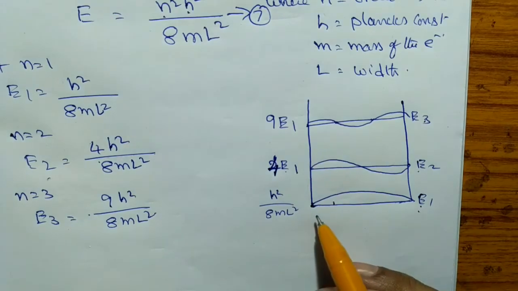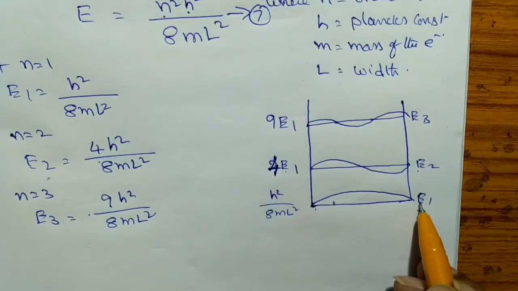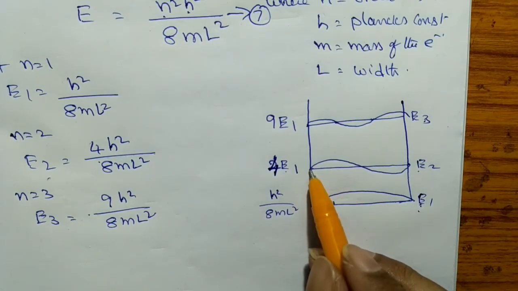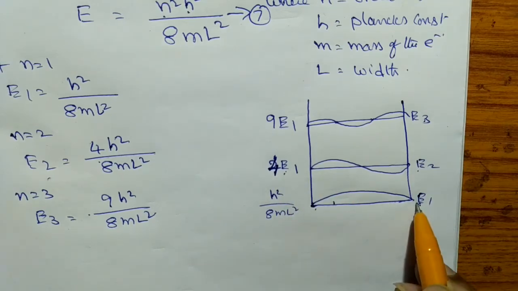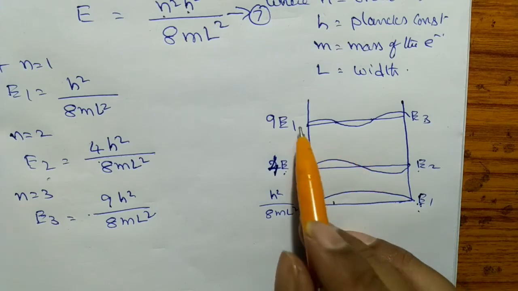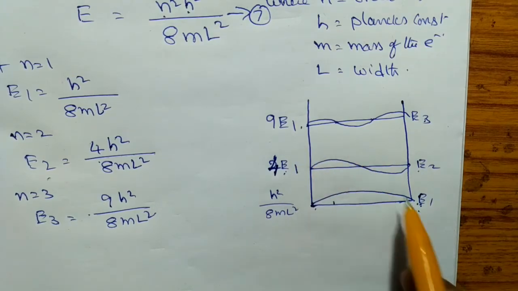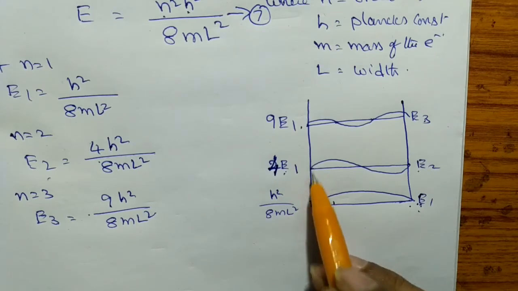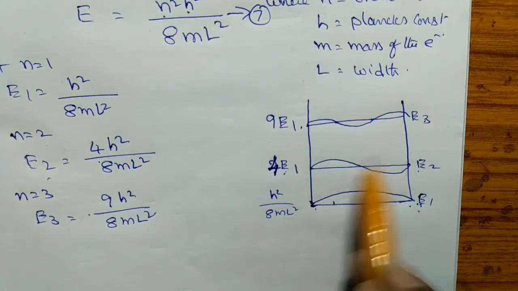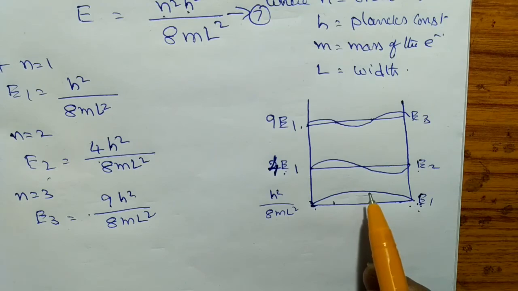That means this is the first energy level, E1, the second energy level is 4 times the first energy level, and the third energy level is 9 times the first energy level. That means in between there are no energy levels at all. These are called discrete energy levels.